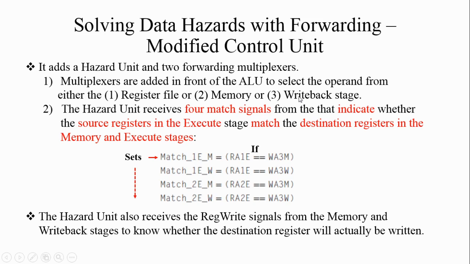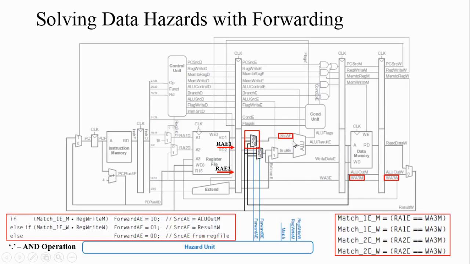So for incorporating those inputs to the ALU, because finally the ALU is performing the operation, for the input coming from the memory stage or from the beginning of the write back stage, you are adding two multiplexers for two sources, one multiplexer for the first source, second multiplexer for the second source. Here you can see three inputs.